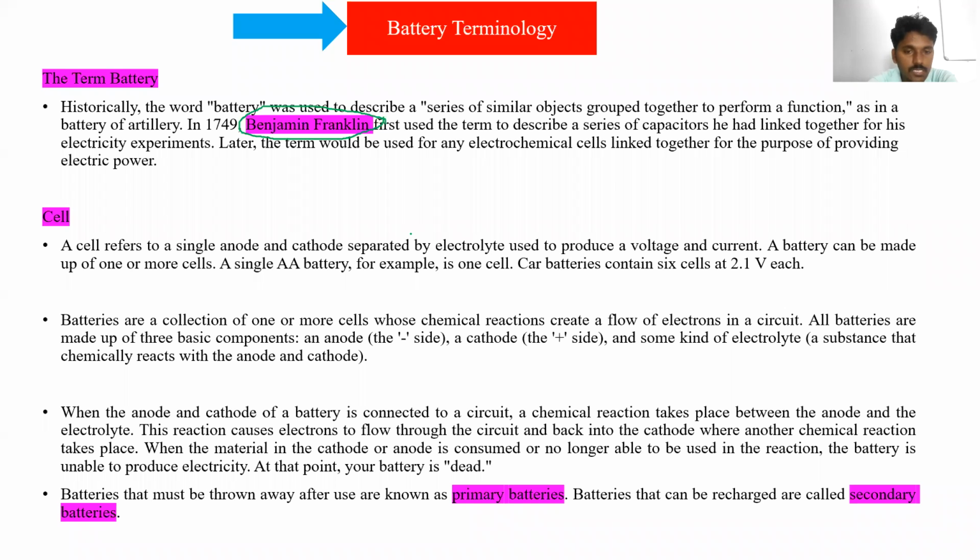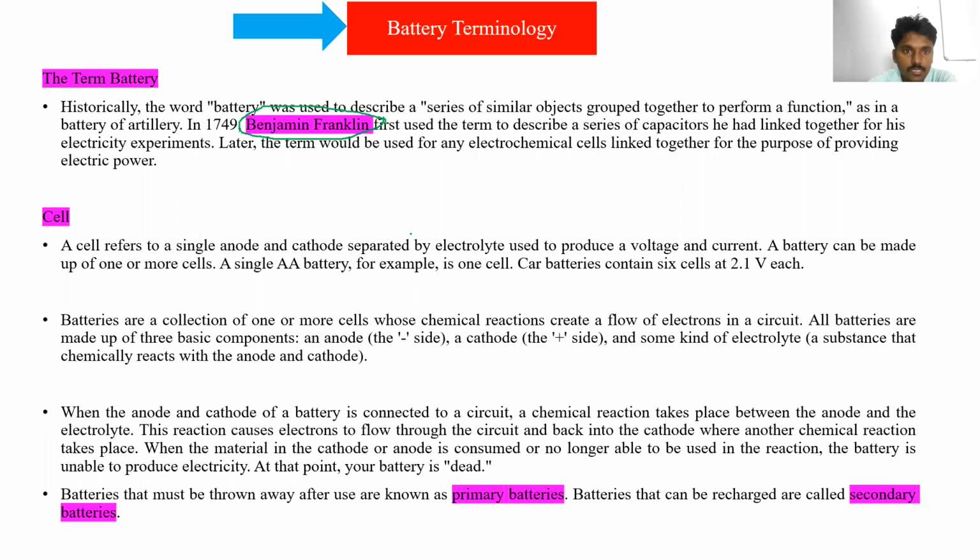He observed what happens to the voltage, whether the voltage is added. He did this experiment in the laboratory with two capacitors and with more than two capacitors, and he observed the voltage and current.